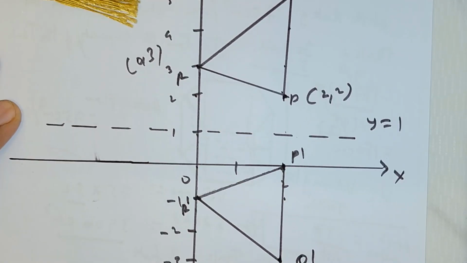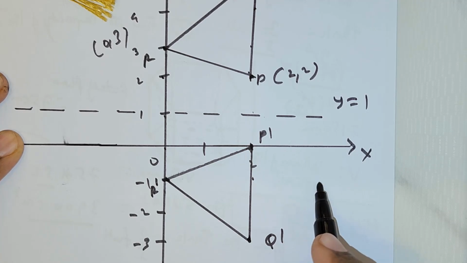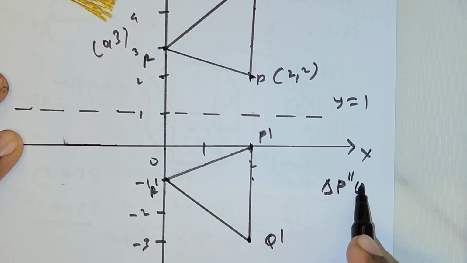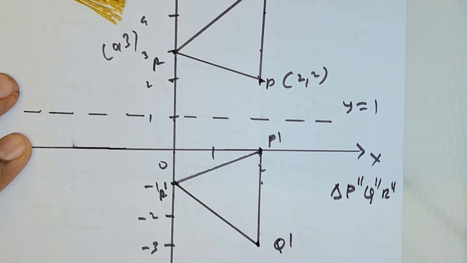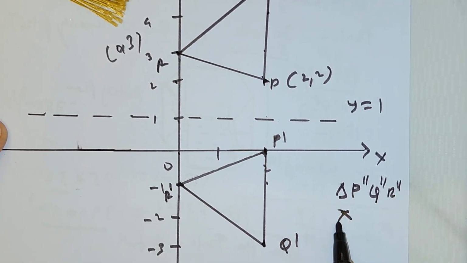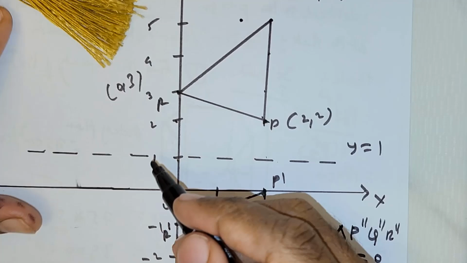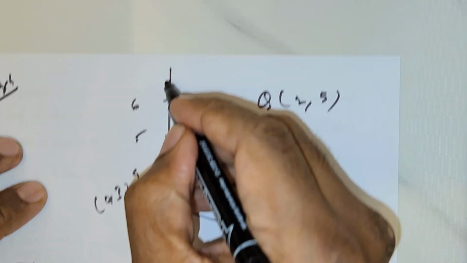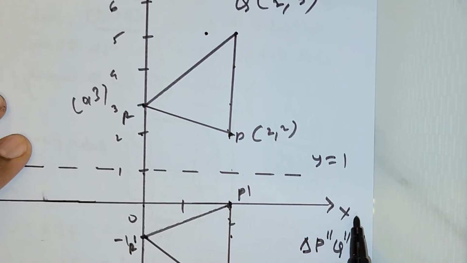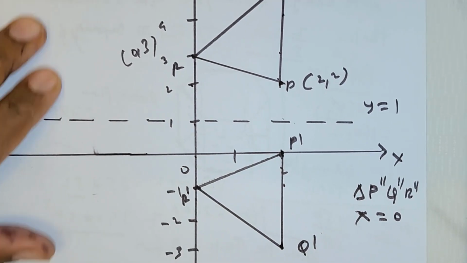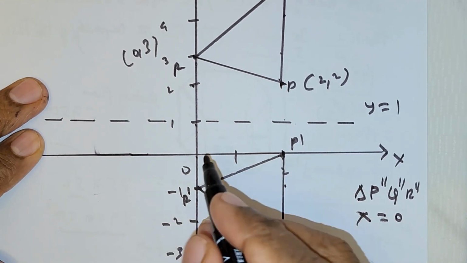Now we have to create another triangle, P double dash, Q double dash, R double dash, by reflecting P dash, Q dash, R dash onto x = 0. Now x = 0 is nothing but this axis, right? This is x = 0, this is our main axis.